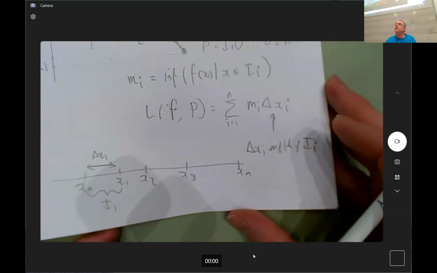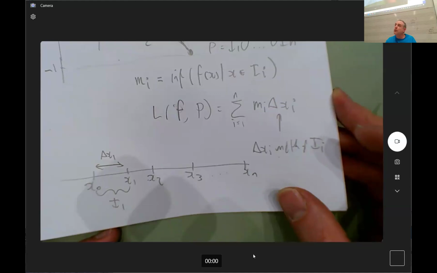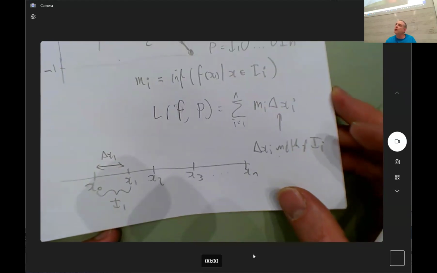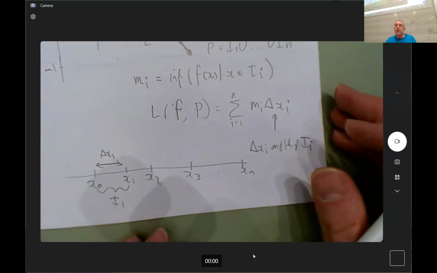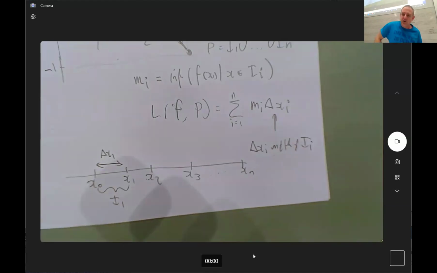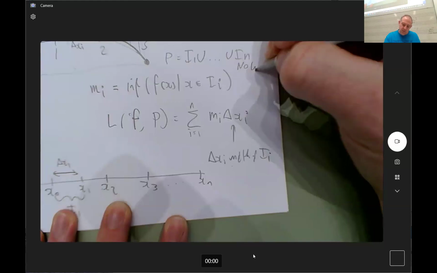A partition is a list of intervals that makes up the big interval that you're integrating across. Yep, partition. The official meaning of partition in mathematics, in all places where they use mathematics, is that it has to cover everything, so no gaps.